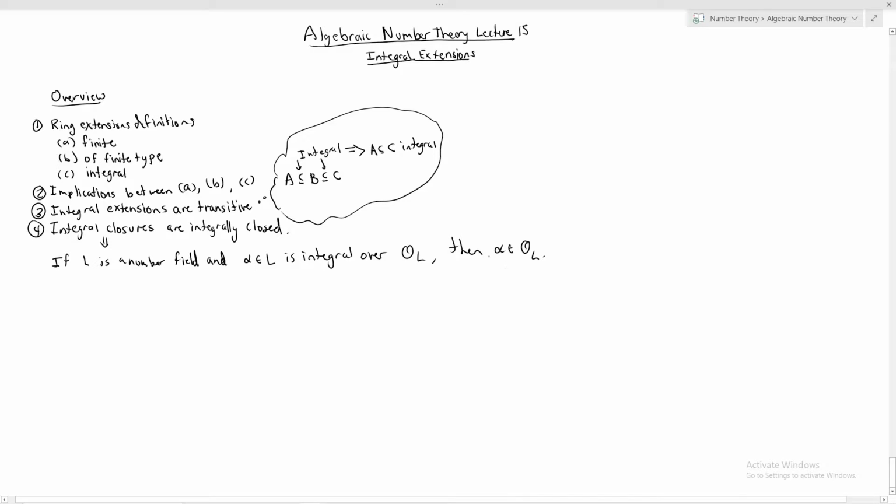Okay. In particular, if I'm integral over the ring of integers, then I'm actually integral over Z. Okay, so that's kind of the content of 4 here. Okay, so there's our overview. So let's go ahead and talk about these different types of definitions.